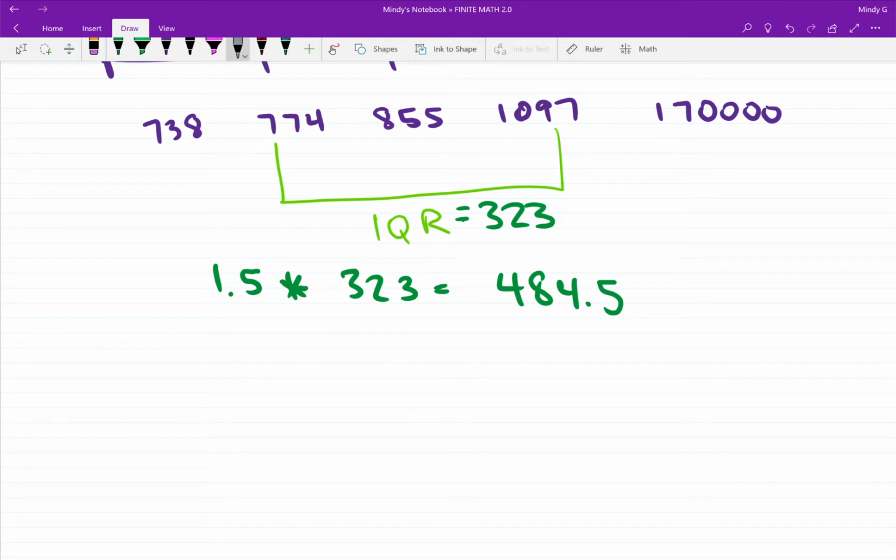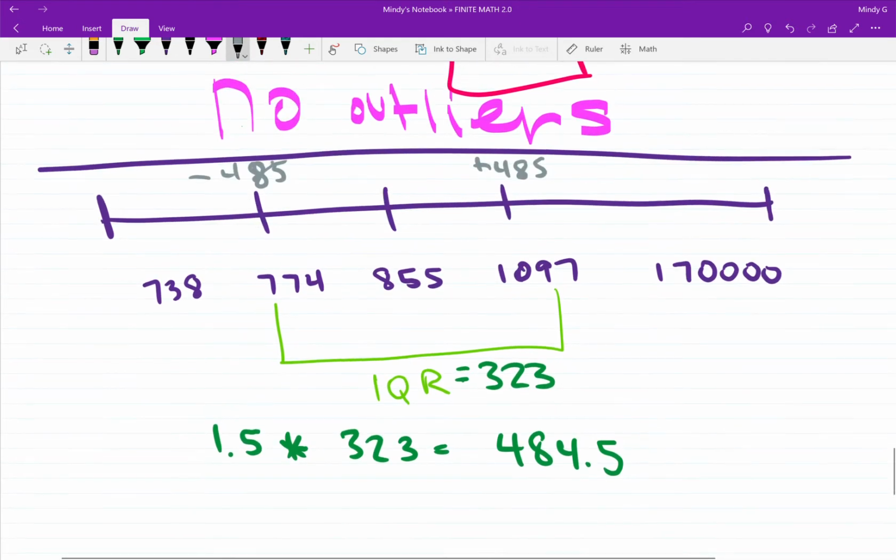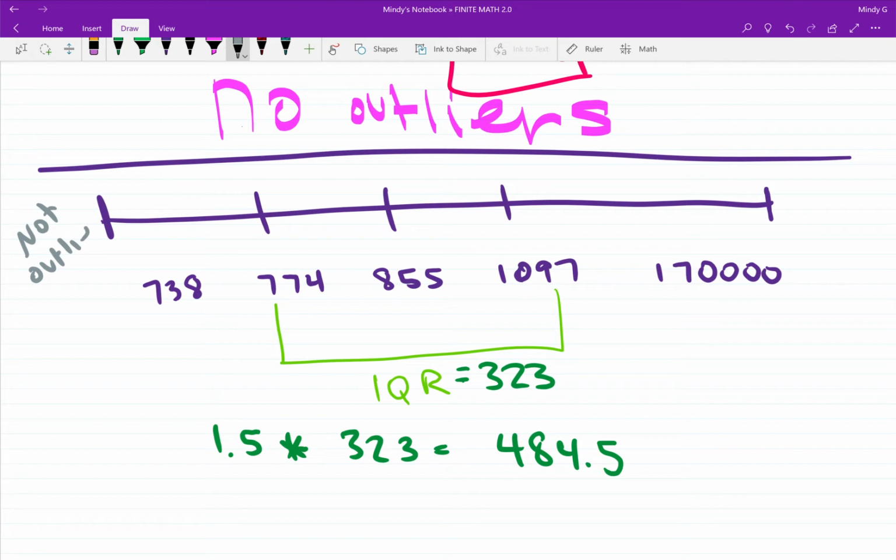Okay, is 738 within 289.5 and 774? On a number line, is the number 738 between 289.5 and 774? Yes, so this is not an outlier. Our minimum is not an outlier because 738 is between 289.5 and 774.